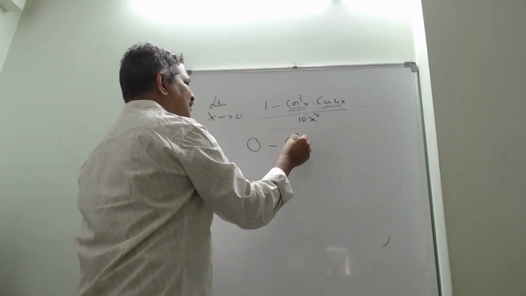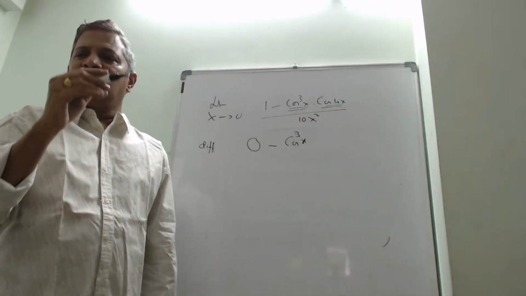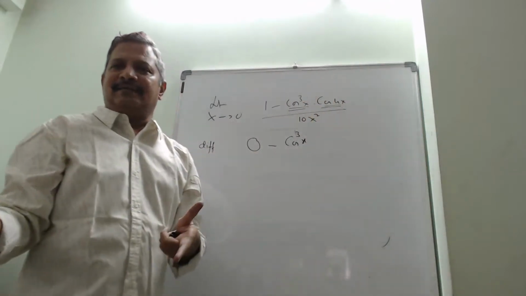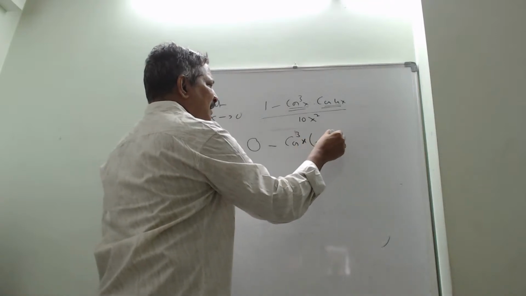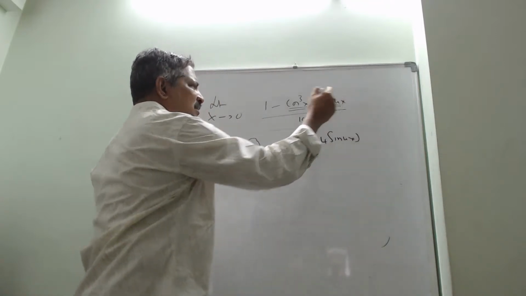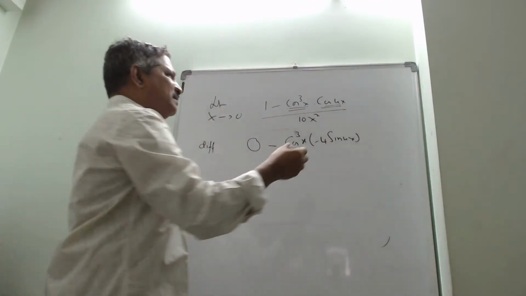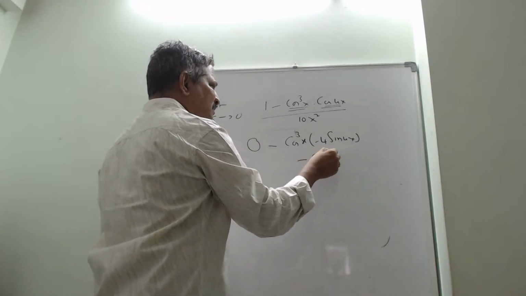Cos cube x into cos 4x: derivative of cos 4x is minus sin 4x into 4x derivative, which is 4, so minus 4 sin 4x. Next, the minus as it is, cos 4x into derivative of cos cube x.